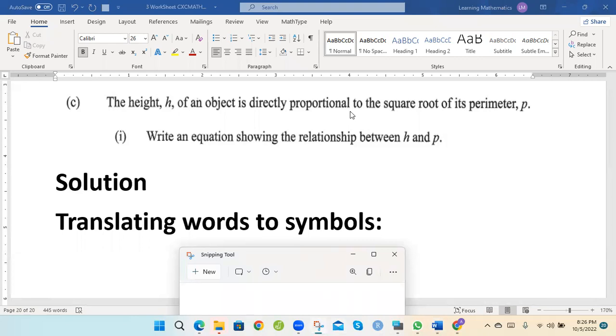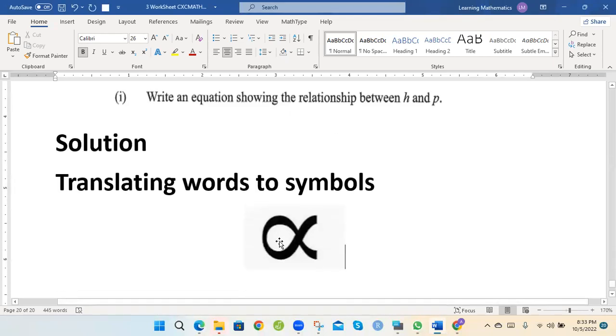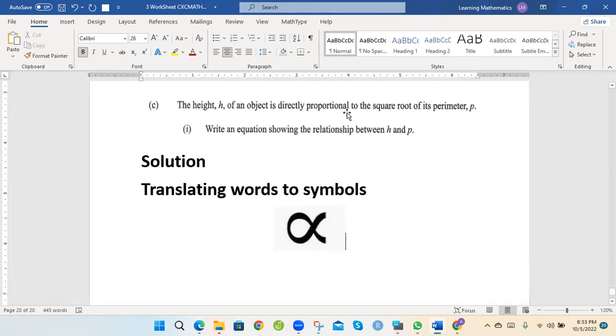Can somebody please Google the symbol for proportion? The symbol for proportionality, here it is. They call it the proportional symbol. So we have to use this symbol now to translate this sentence into algebraic form. h is proportional to the square root of p.